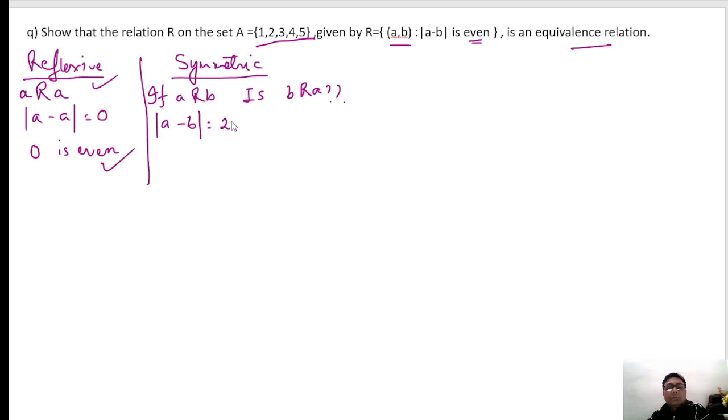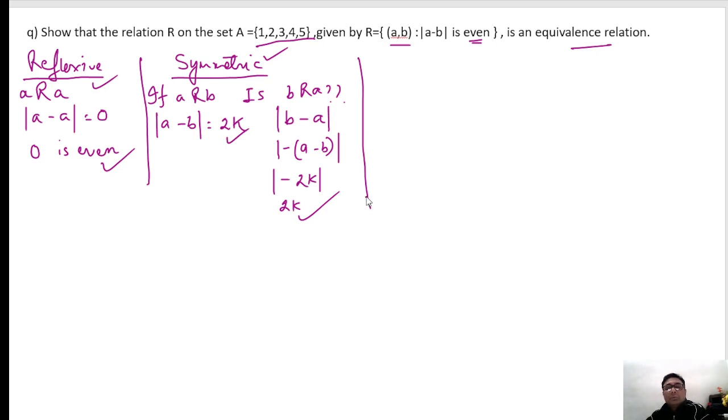That means 2 times of anything, multiple of 2. b minus a, b R a means this. That means this is minus of a minus b, that means minus 2k, that means 2k. So this is also correct. This is also an even number, that means symmetric is valid.